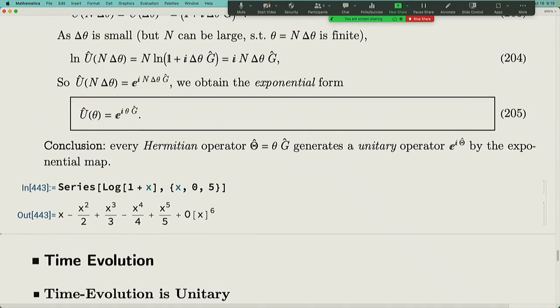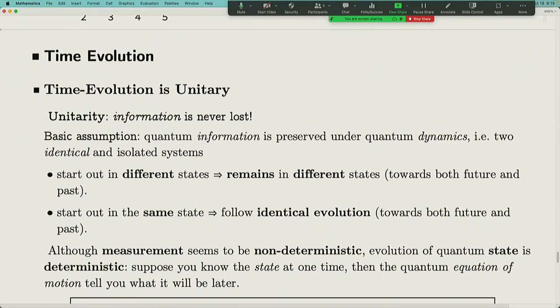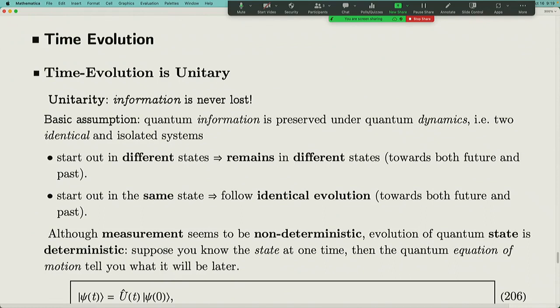Okay, so I'm going to continue with time evolution now, because we have enough preparation about unitary and Hermitian operators and their relations, which is very important. So the first thing I want to prove is that in quantum mechanics, time evolution is unitary.